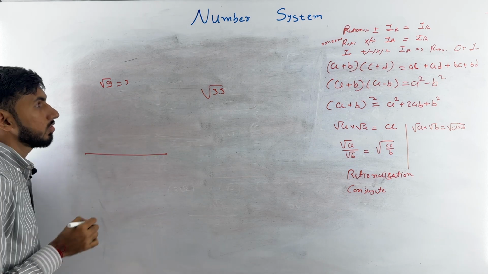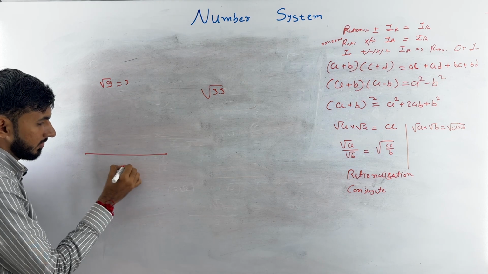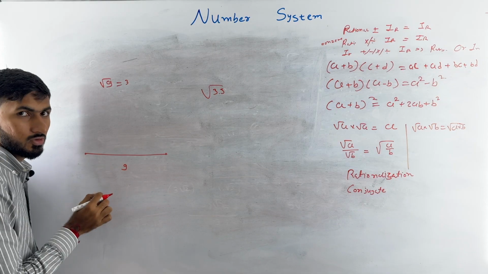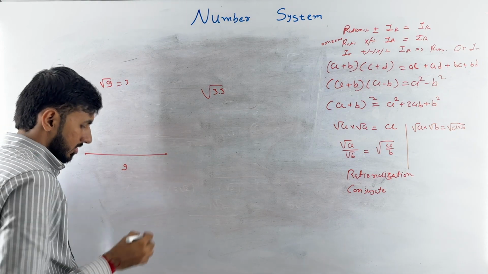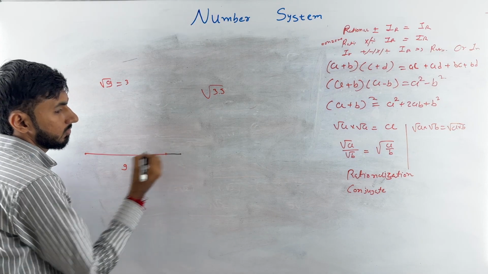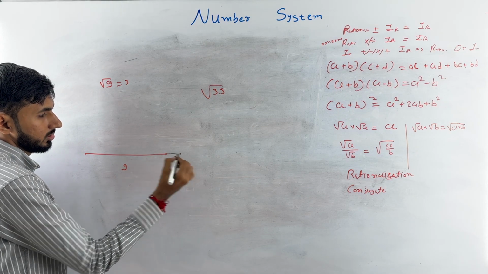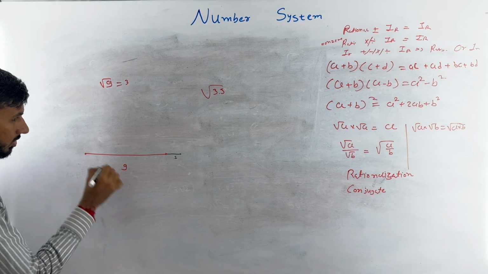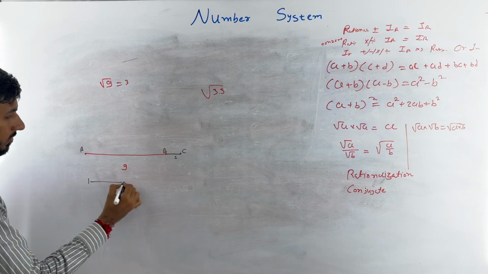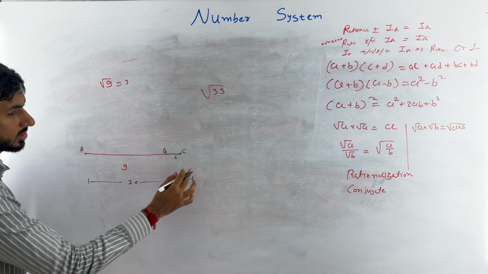Now if I want to represent square root of 9, I will take a line with a length of exactly 9 units. Now if I extend it by 1 unit, here it is 1, so the full length of A, B, C, the full length of A to C will become 10 units, right?